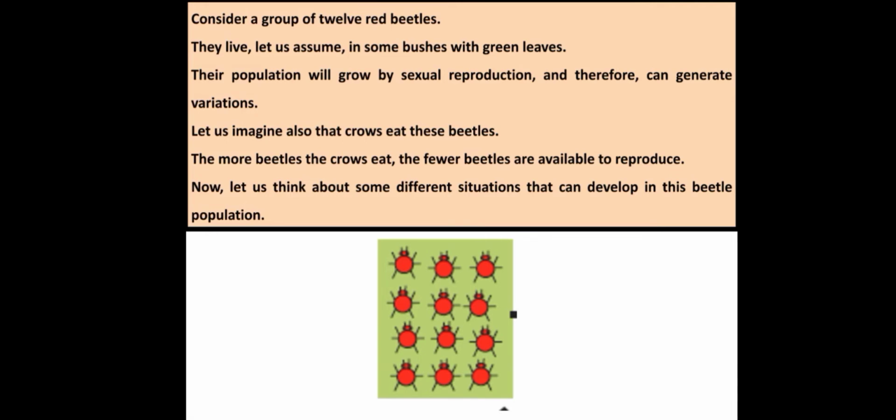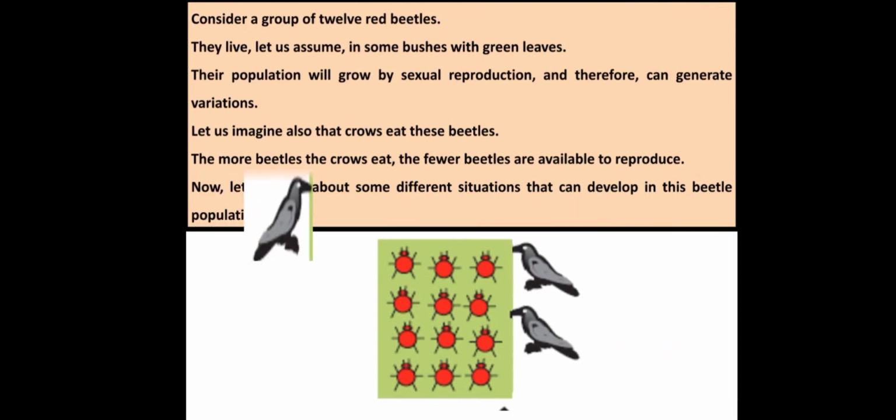Their population will grow by sexual reproduction and therefore can generate variation. Let's imagine also that crows eat these beetles. The more beetles the crows eat, the fewer beetles are available to reproduce.